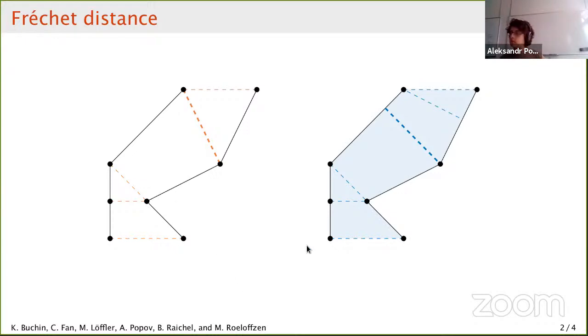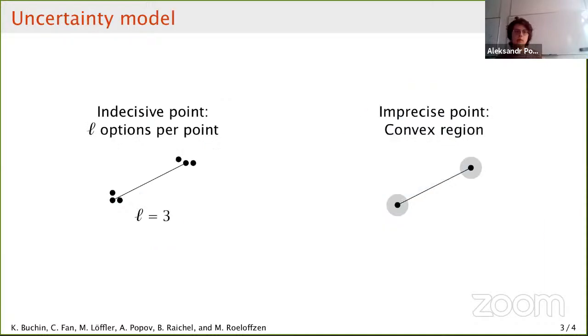And then the other part of the title is about uncertain trajectories. So what does that mean? Normally, when you're talking about trajectories, you would probably represent them as polygonal curves. To model measurement uncertainty, we replace the vertices with uncertainty regions, and we say the object could have been anywhere inside these uncertainty regions.